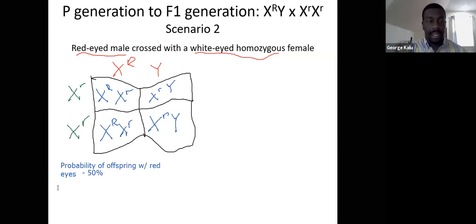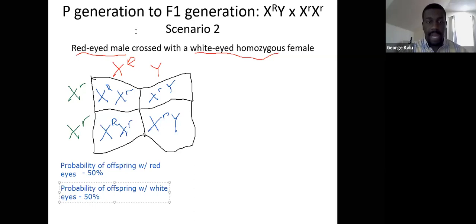Okay. Now, what's the probability of having offspring with white eyes? Right, another 50%. Good. So now let's take this a little further.